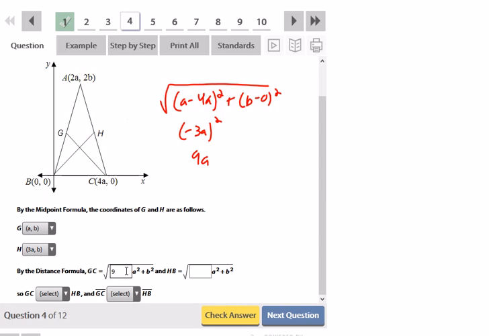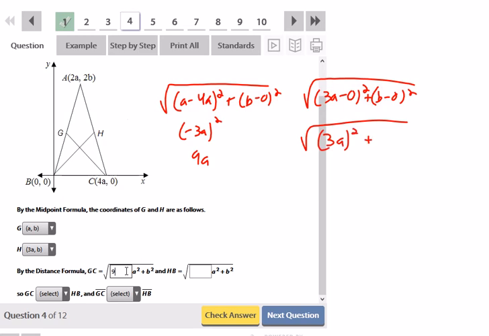And HB would be 3a minus 0 squared plus, or actually it would be b minus 0, b minus 0 squared. So that's 3a squared plus b squared, which is what they would want, that 3a squared ends up giving me 9a squared. So they are both the same. So CG is equal, which would mean that they're congruent.